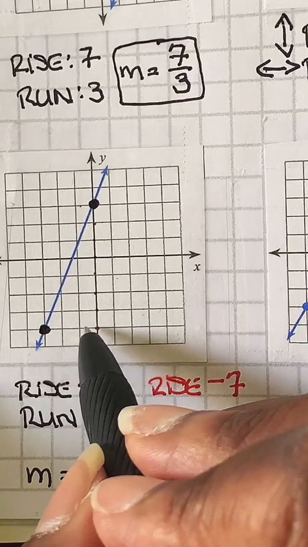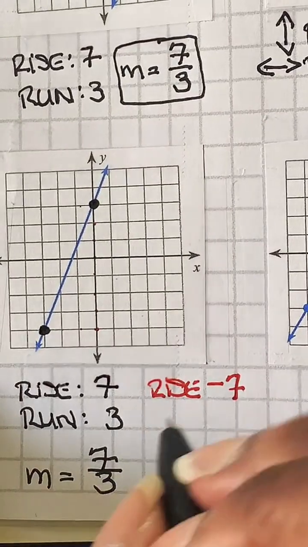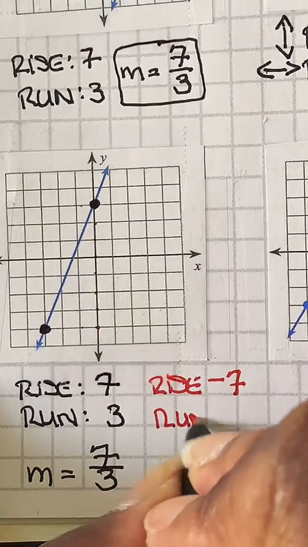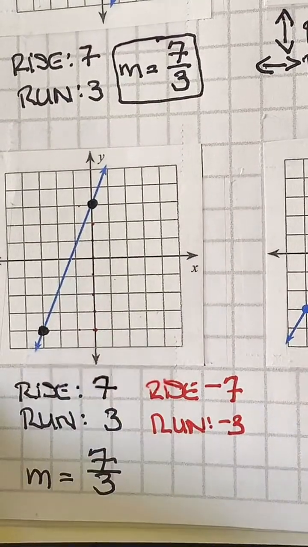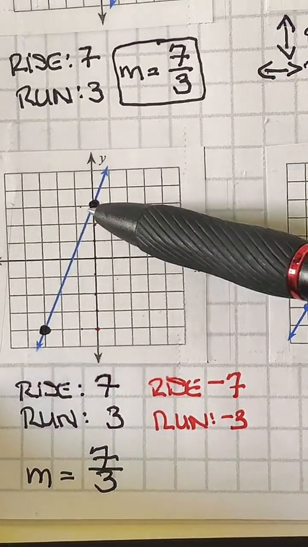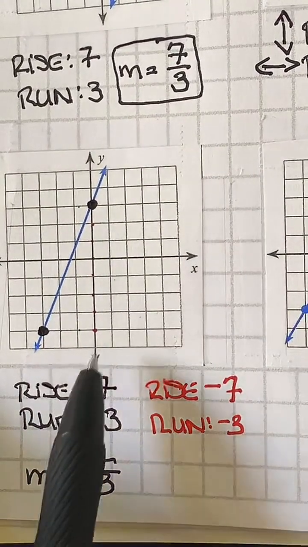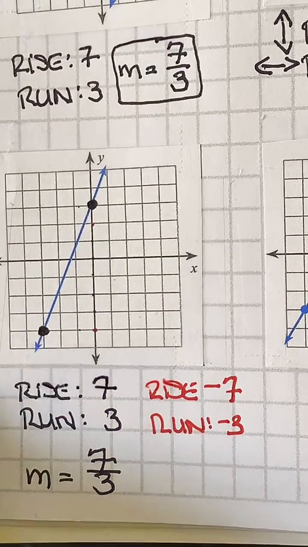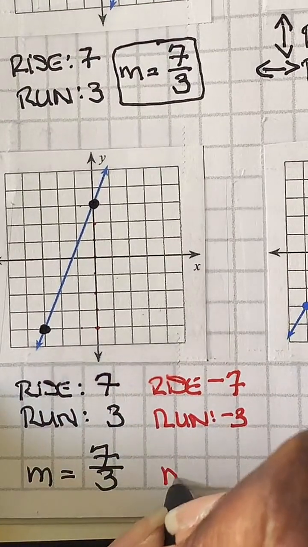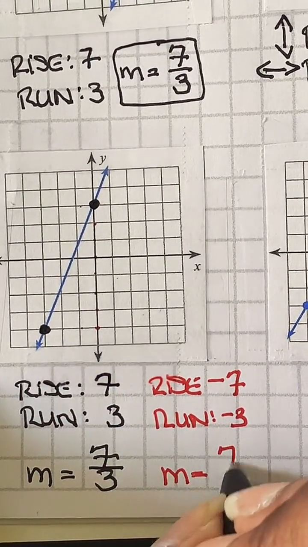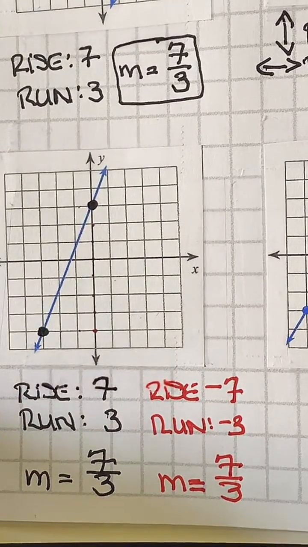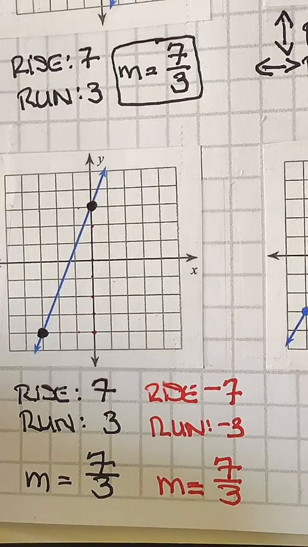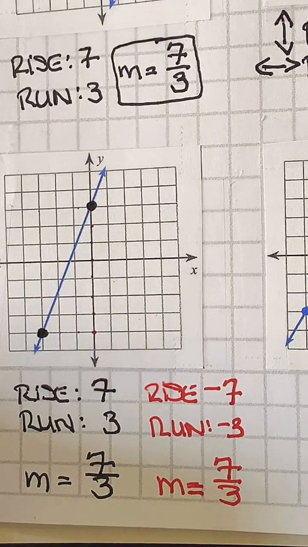And then my run, 1, 2, 3, my run is going to be a negative 3 because I went to the left 3. So since we have a negative over a negative, that will give me a positive 7/3. So they're going to be exactly the same. Okay, they're both going to be exactly the same. Yep.